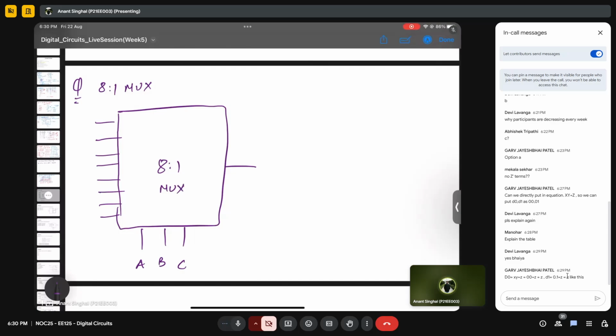Let's say the inputs are 0, D, 0, 0, 1, 0. The output is Y, which is a function of A, B, C, D basically.